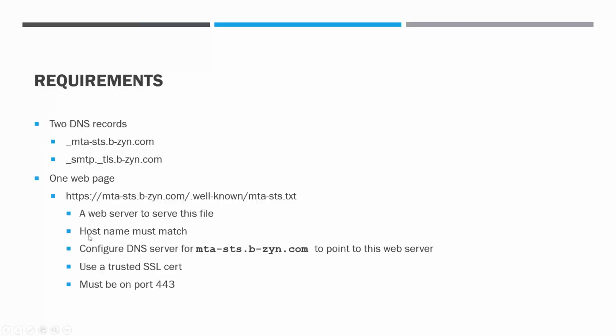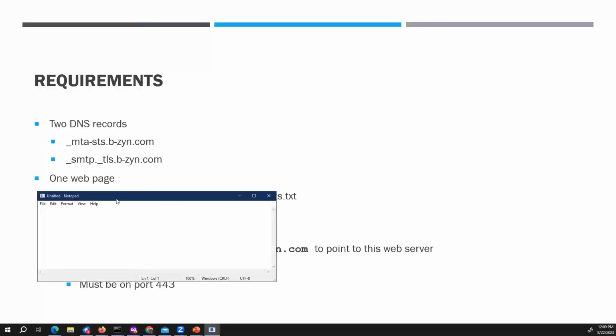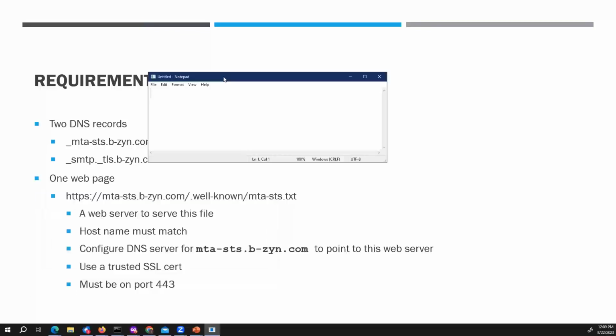Then the host name of the URL has to be mta-sts.bzyne.com. So for example, if I want to know what is Google's MTA-STS, I would do this: mta-sts.gmail.com/.well-known/mta-sts.txt.